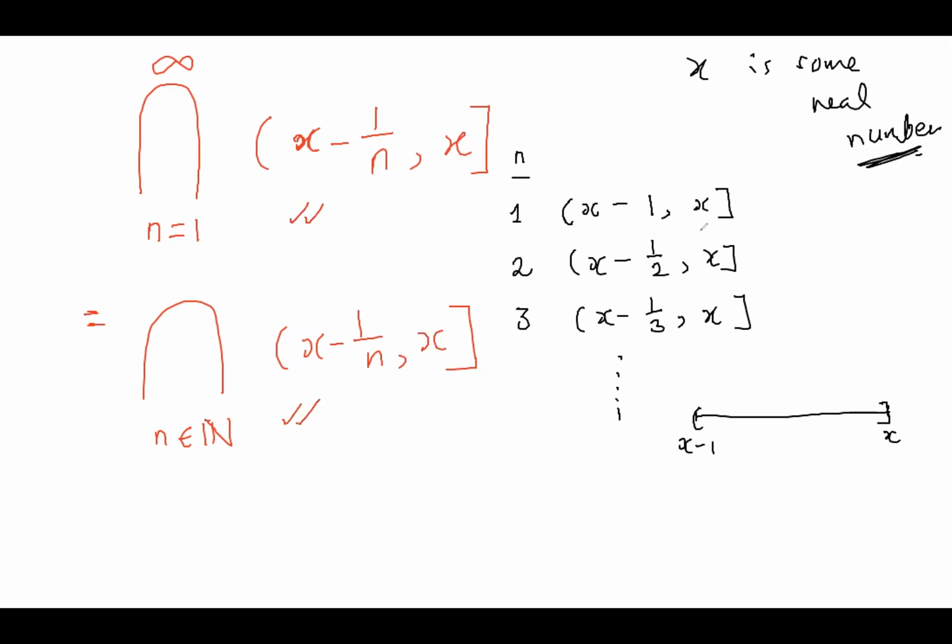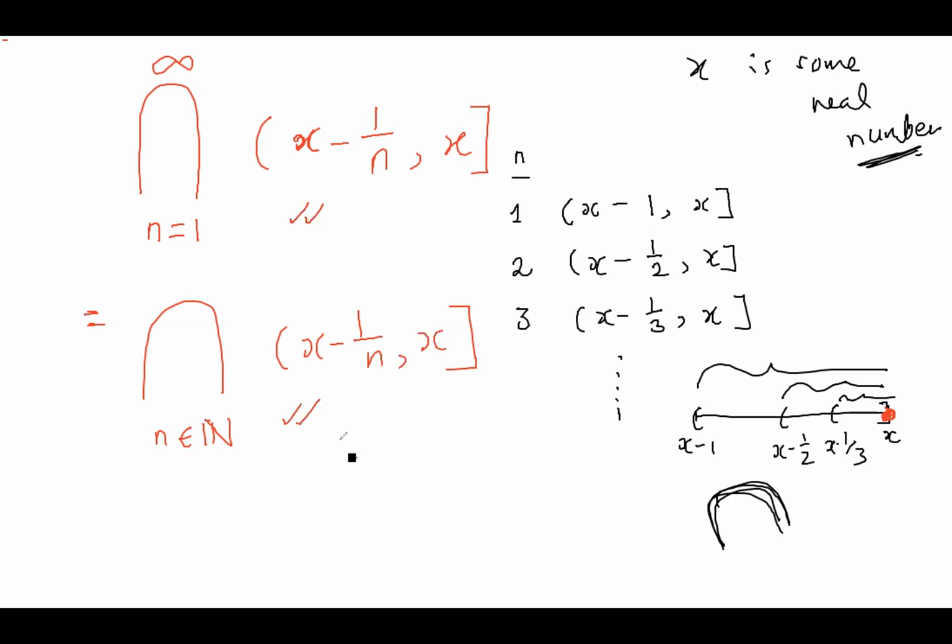Instead of being 1 unit away from x, now it is half a unit only. Then this one is 1/3 unit. So you have this interval, then this interval, then this interval, and you take their intersection, finding their common point. Obviously the common point here will be the endpoint only.